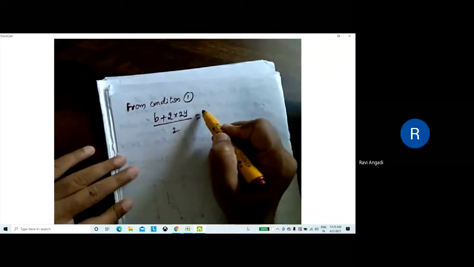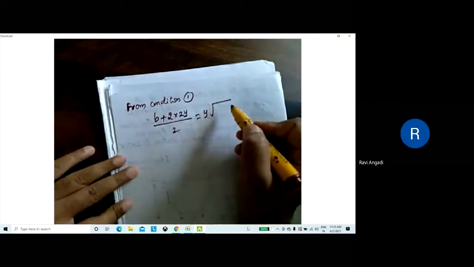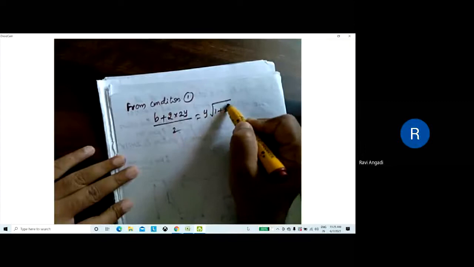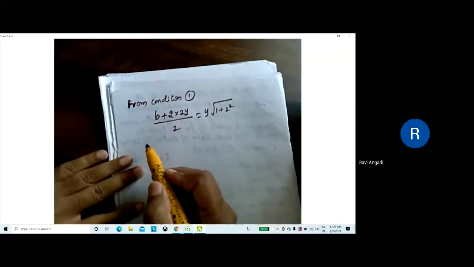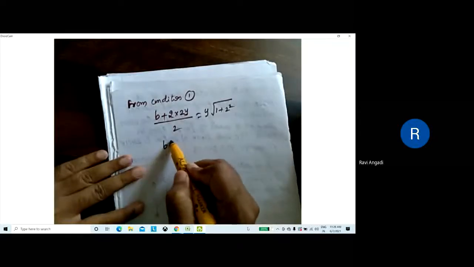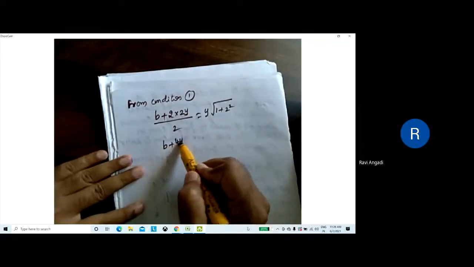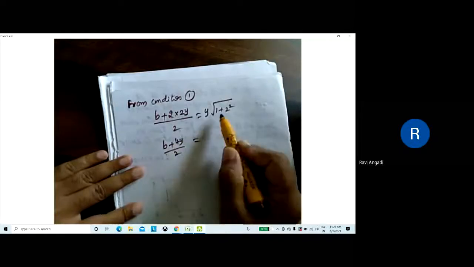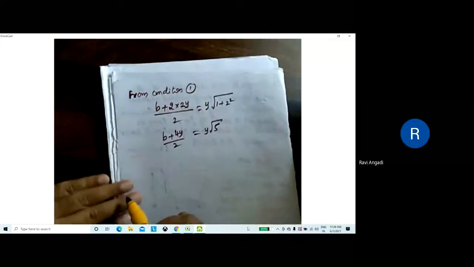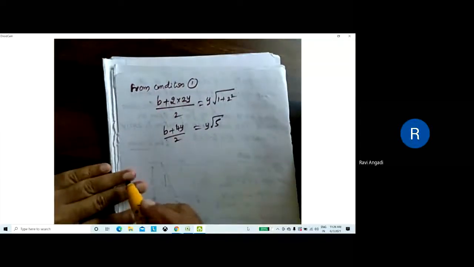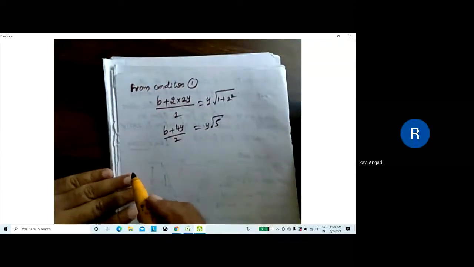Then Y square root of 1 plus 2 square. What is the answer you get? B plus 4Y divided by 2. What do you get here? Y square root of 5. Correct? Is it correct? Then what is the value of B? Tell me fast in terms of Y.